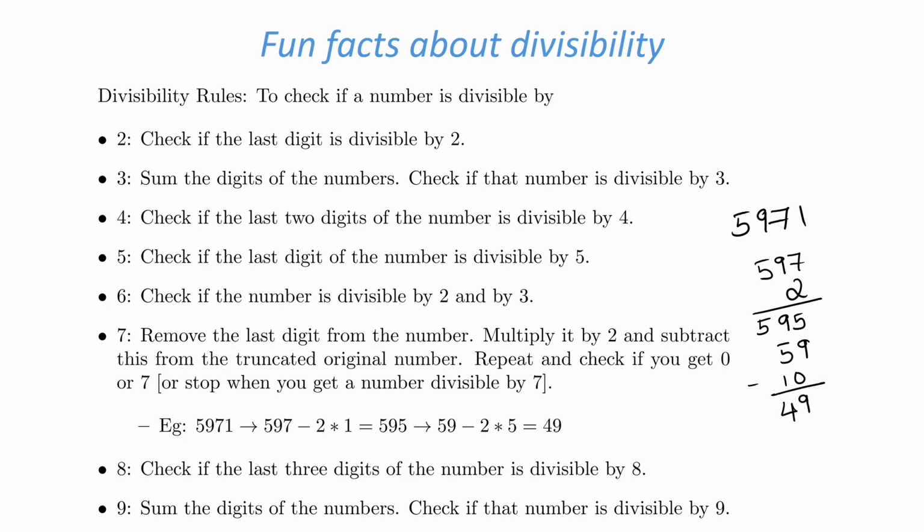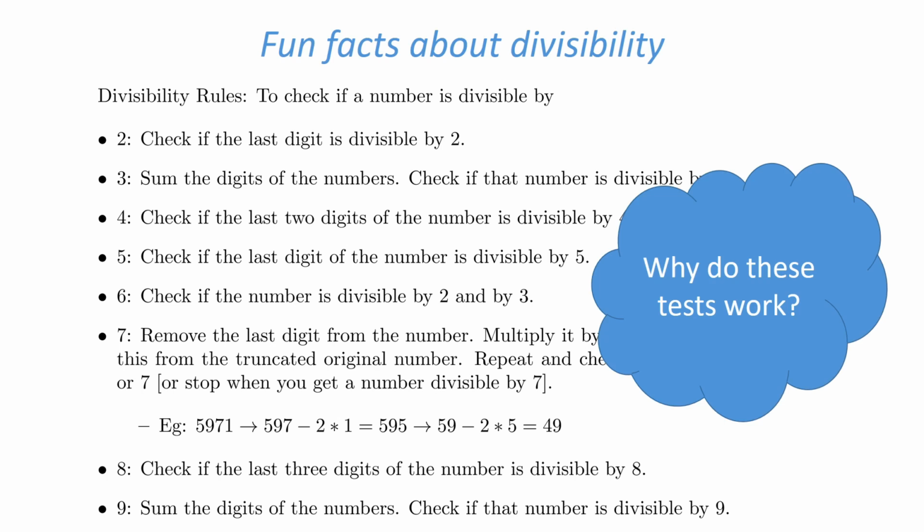And I get 49, which is a multiple of 7. It's 7 times 7. And if that happens, I rule that 5971 is divisible by 7. Now, why do these tests work? It seems like a very strange, odd test. But during this course, we will see why some of these tests actually do work.